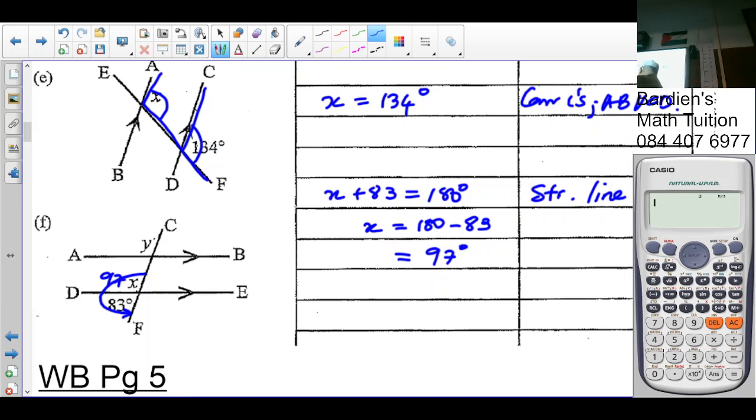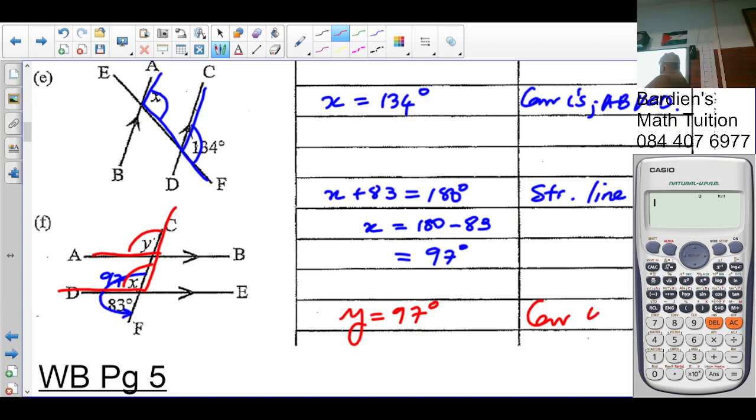Now what can we say? Y is equal to? Y? Corresponding. Can you see that, people? So y is equal to 97. Corresponding angles with AB being parallel to. Okay.